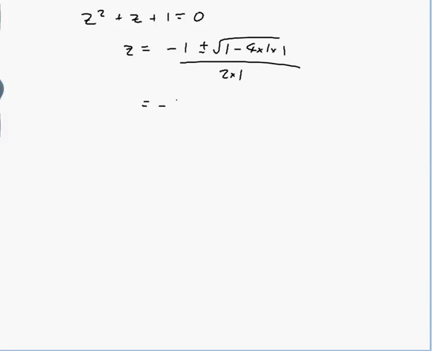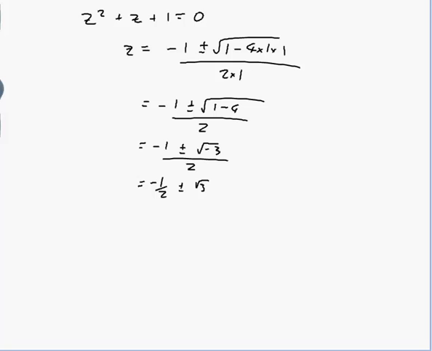So that would be minus 1 plus or minus root 1 minus 4 over 2, which would be minus 1 plus or minus root minus 3 over 2, which would be minus a half plus or minus root 3 over 2 i. Because when I square root the minus 1 with that minus 3 there, I'll get an i.